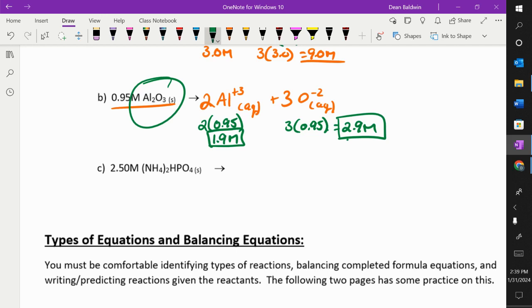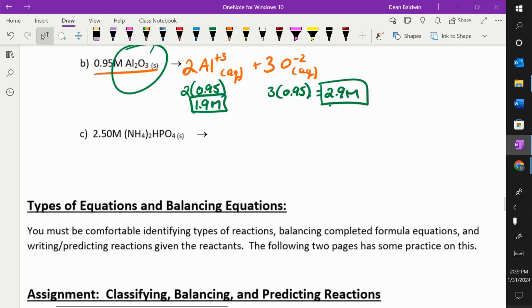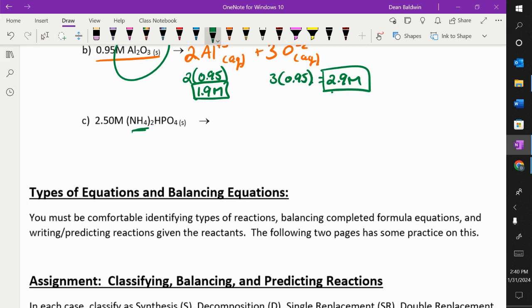Ammonium hydrogen phosphate. Okay? What is this going to break up into? It doesn't break into the individual atoms. It breaks into the ions. So what ions am I going to get? The ammonium is a group, right?